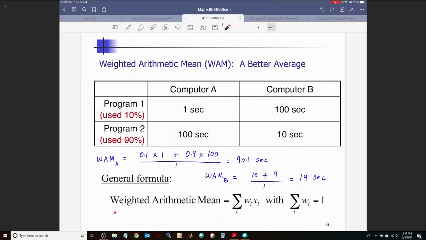The general formula for the weighted arithmetic mean is to add up all the weights, the percentage of the time each program is used, multiplied by how much time that program takes to execute. I indicates the ith program, and the sum of all the fractions should be 1.